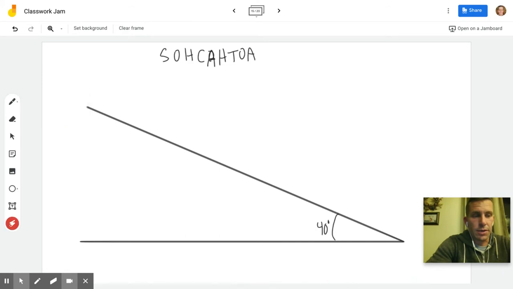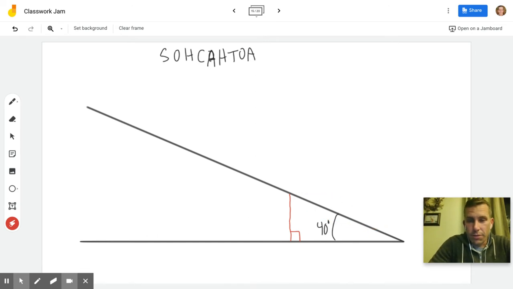So the first thing that I would like you to notice is that if we wanted to make right triangles out of this angle, by drawing a vertical line between both sides of the angle, at any place along this angle, and right now I'm drawing bigger and bigger right triangles, there's going to be a ratio, a specific relationship between this side of my right triangle and this side of my right triangle.